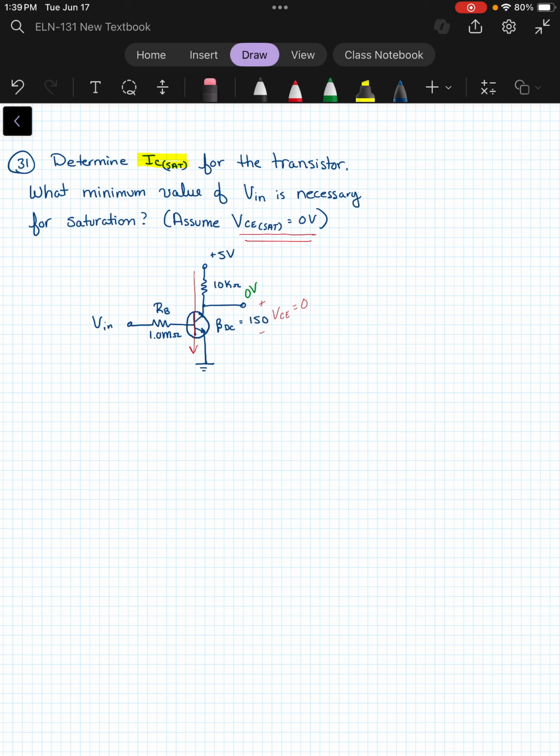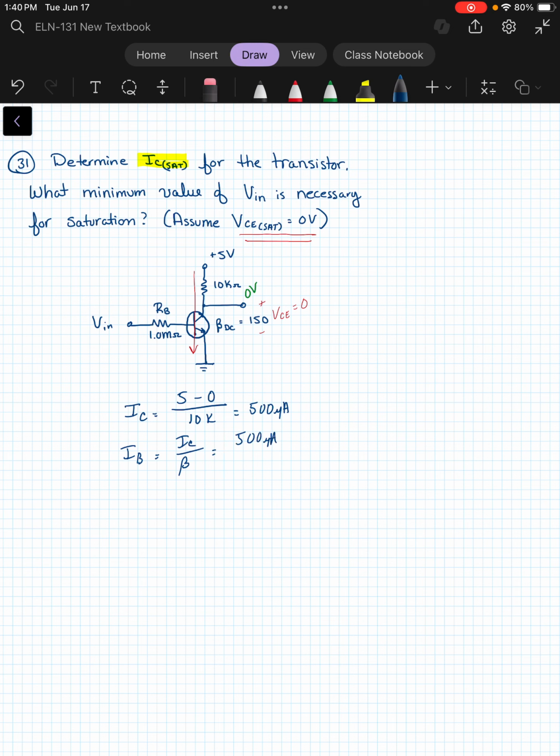And so the current IC would be 5 volts minus 0 divided by the 10K. Okay, so that would be about 500 microamps.